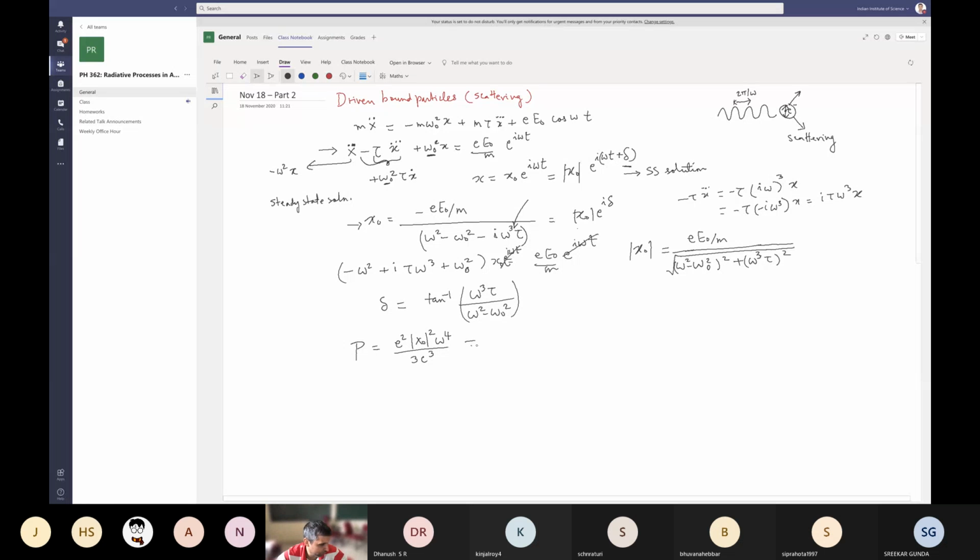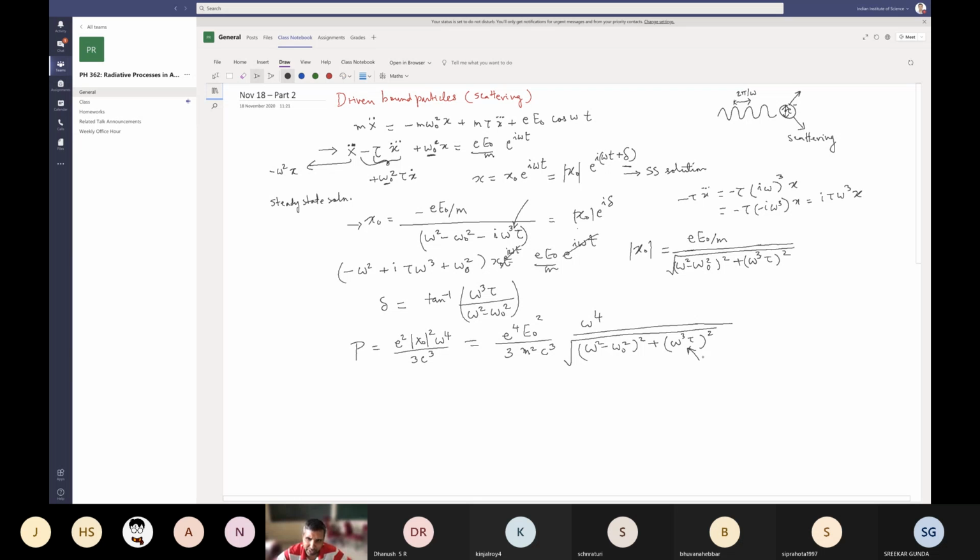So if we plug that in, what do we get? We get e to the 4 E naught squared by 3 m squared c cube, omega to the 4 divided by omega minus omega naught squared plus omega cube tau squared.